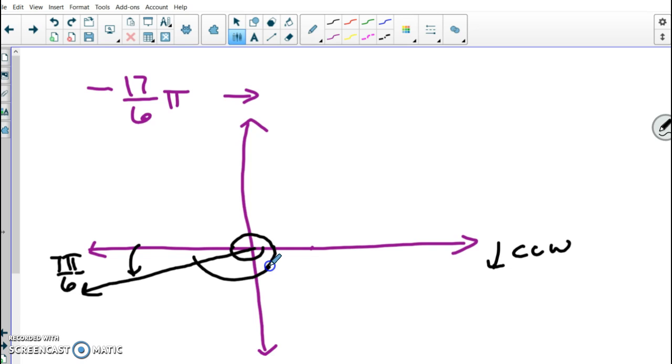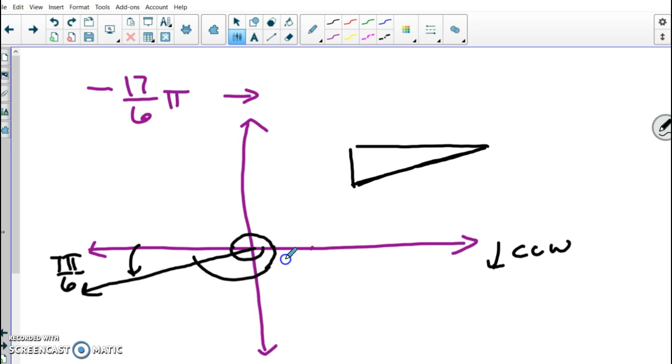And in problem 77, we're asked to do the following. Evaluate the sine, cosine, tangent of the angle without using a calculator. So I'm going to draw this angle out here, and here's what we know.